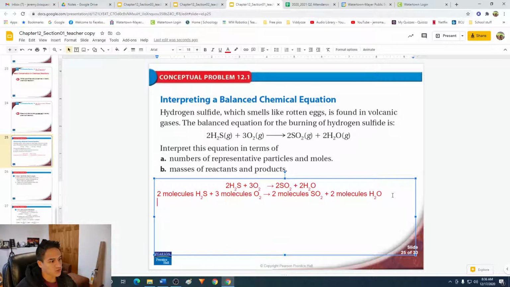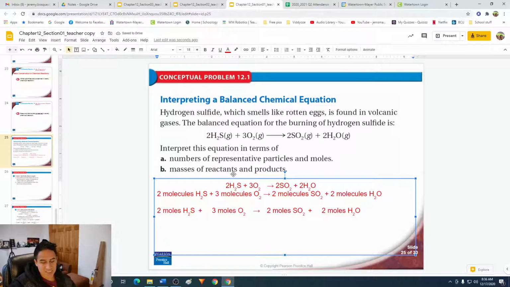So for every 2 molecules of H2S, that would be 2 moles of H2S, plus 3 moles of O2, we would get 2 moles of SO2 and 2 moles of H2O. Okay? So again, moles and molecules are not the same unit, but when you're reading a chemical formula, moles and molecules can pretty much be read the same way. Okay? It's the same numbers.